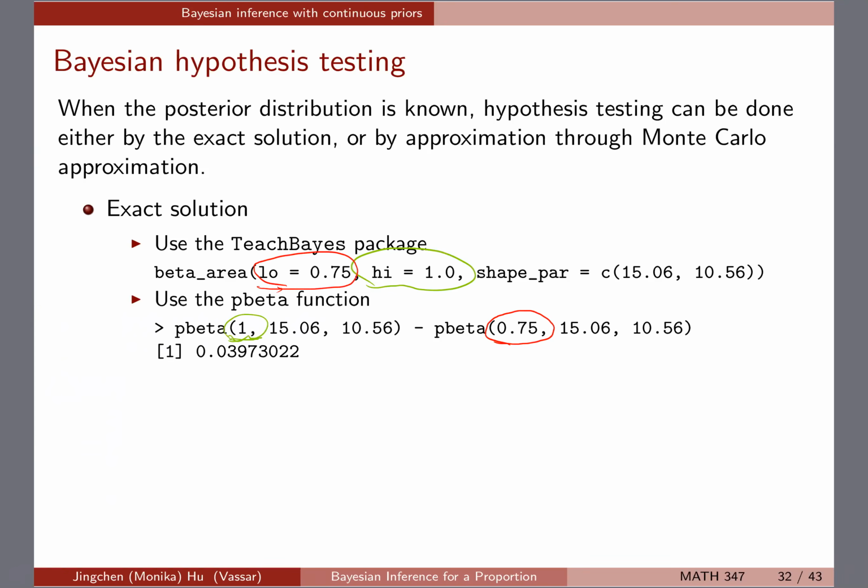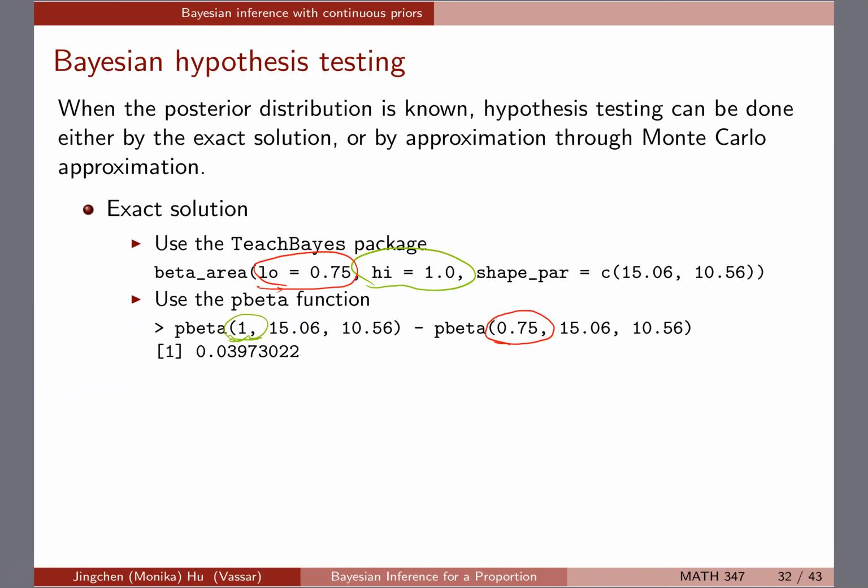What we're doing with this function is taking the pbeta function evaluated at 1 minus the pbeta function evaluated at 75%, and then we get the difference. Then we get exactly the probability for that particular interval, and we get a result very close to 0.04. It's 0.0397, and so on.